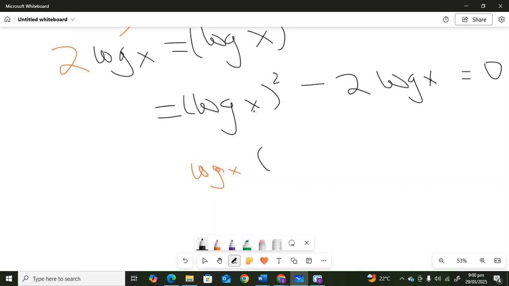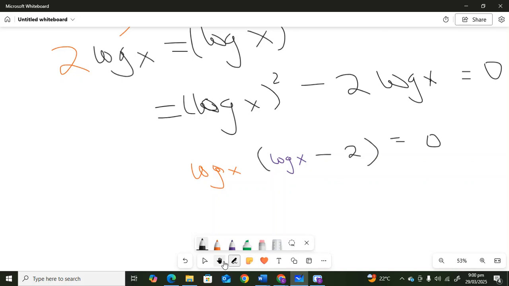So log x squared divided by log x, you get log x. Minus 2 log x divided by log x, you get 2. Here I've just factorized: the common factor was log x, and I divided by log x each element so that I simplify my expression.